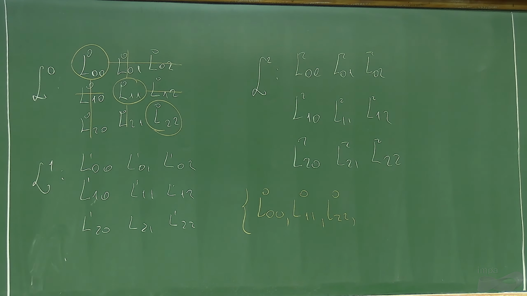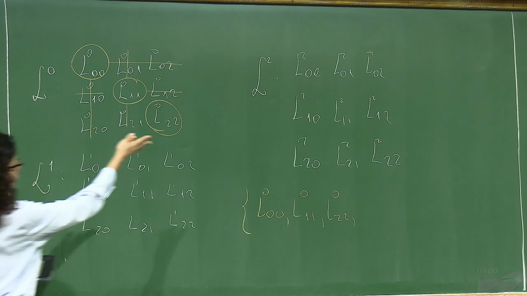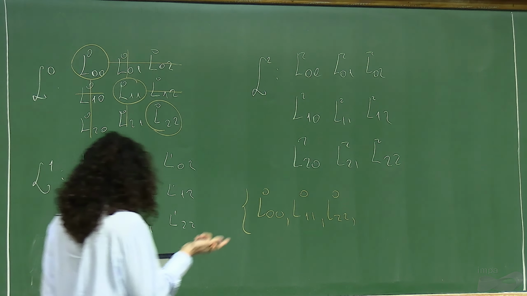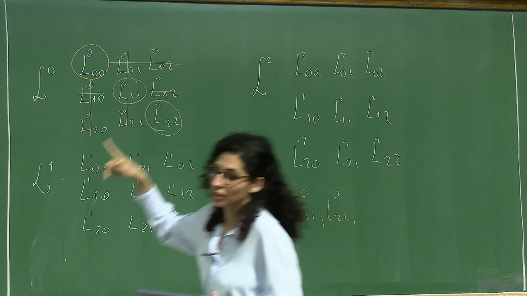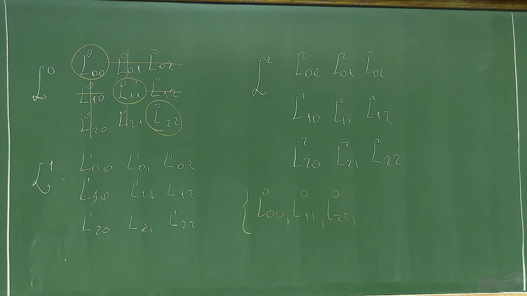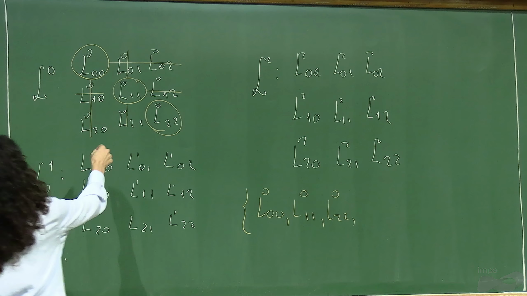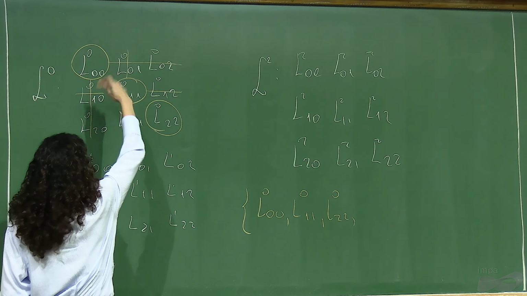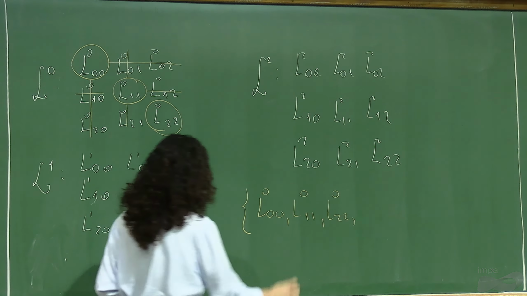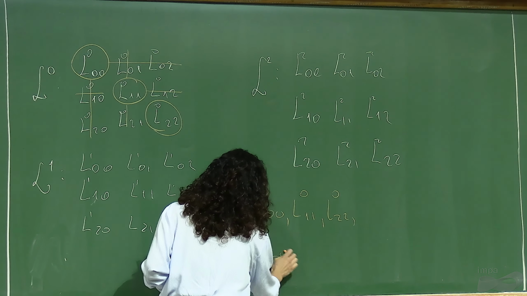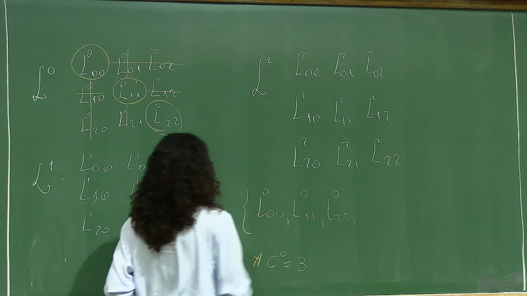Okay, let's go to another set. Remember these results: if we choose the maximal number of skew lines in one set, here we choose 3, the maximum, on L0. So our C0 was 3.